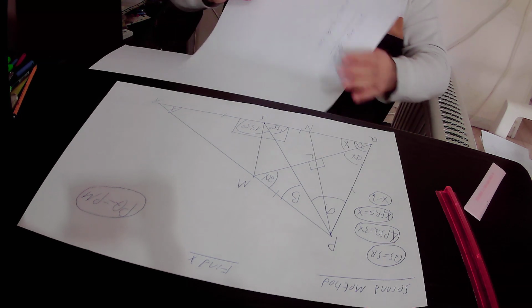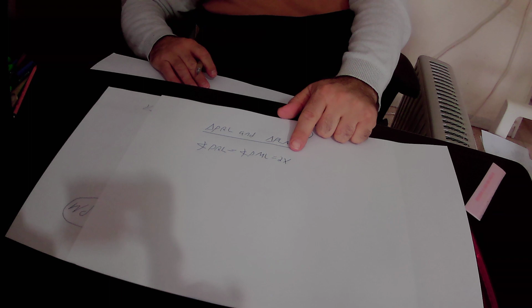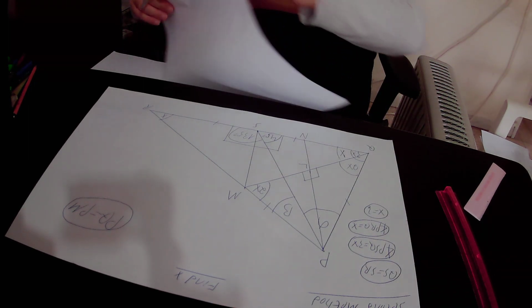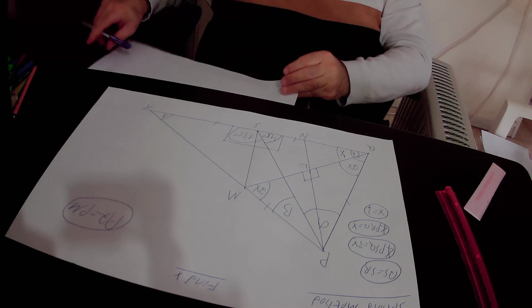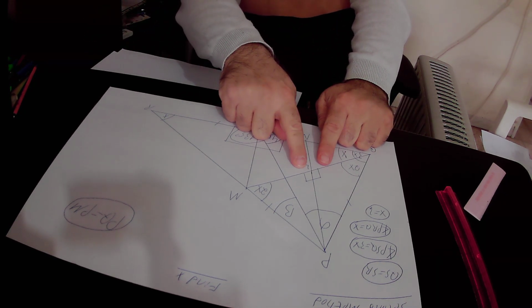Angle PQL equals angle PML, and both angles are equal to 2x. Those two angles are also equal to each other. They are both equal to 90 degrees.